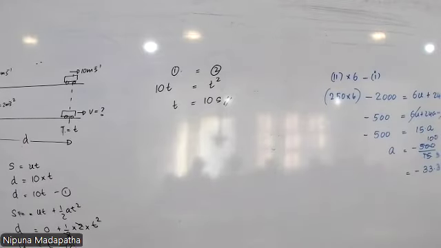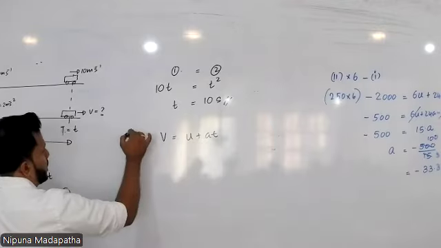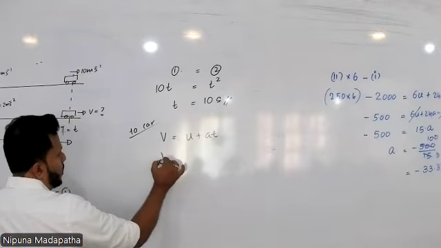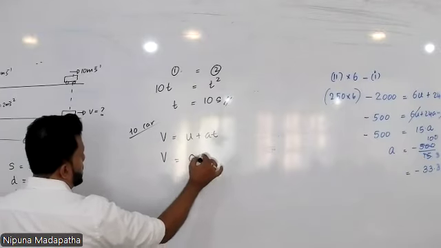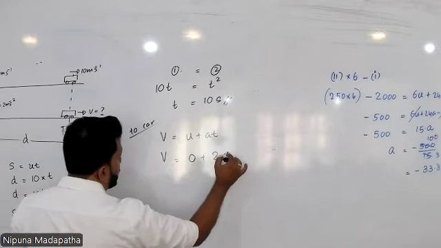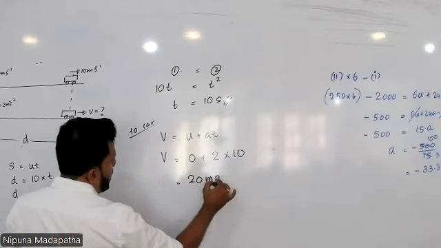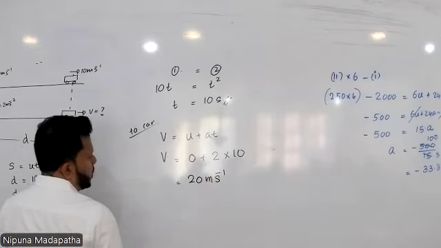Alright, the question asks what will be the velocity of the car when it overtakes the bus. So use V equals U plus AT for the car. Initial velocity is 0, acceleration is 2, time is 10 seconds. Final velocity of the car is 20.